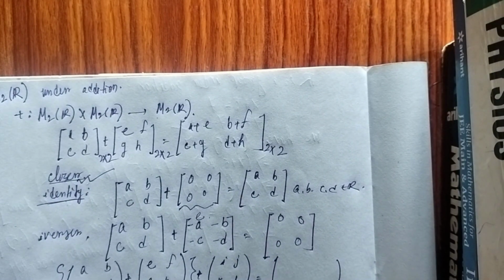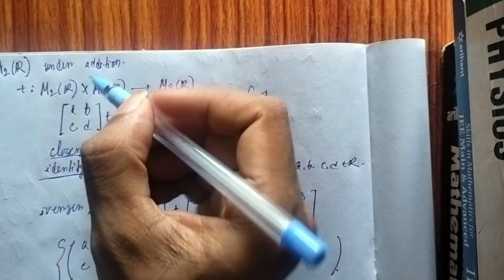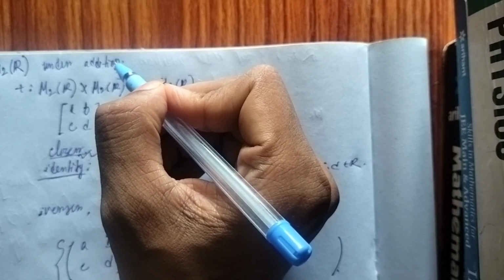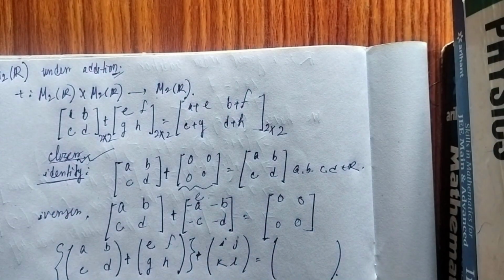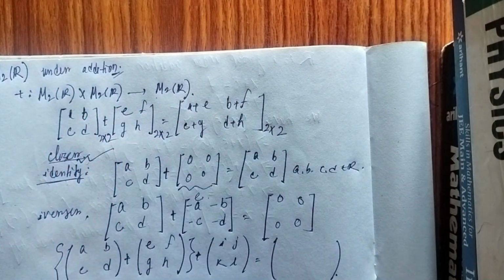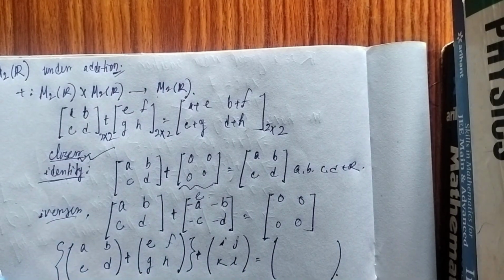So this is associative, and this also forms a group. In the last video we already discussed the definition of group, and M2(R) under addition maintains these 4 properties: closureness, identity, inverse, and associativity.